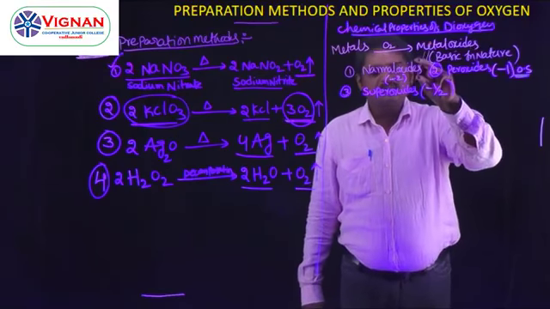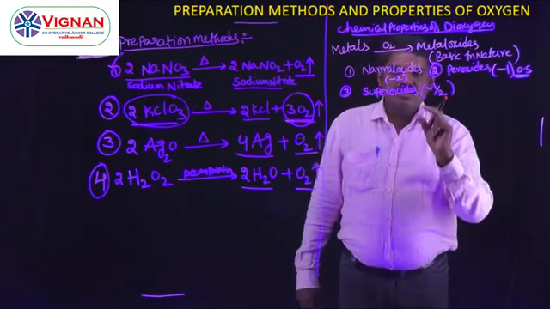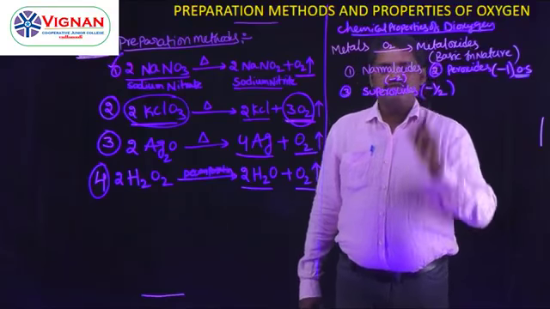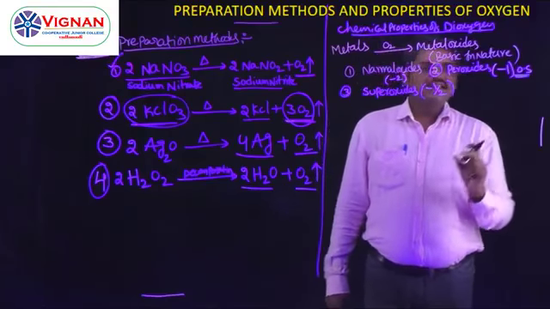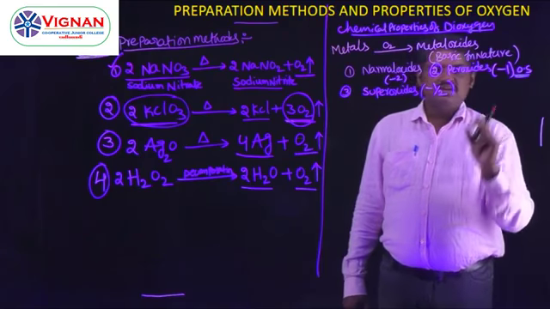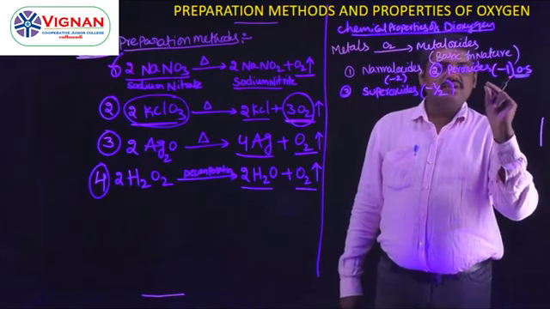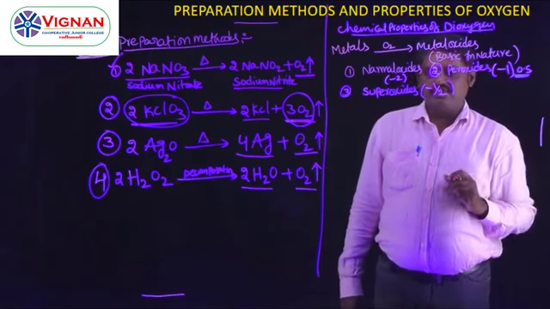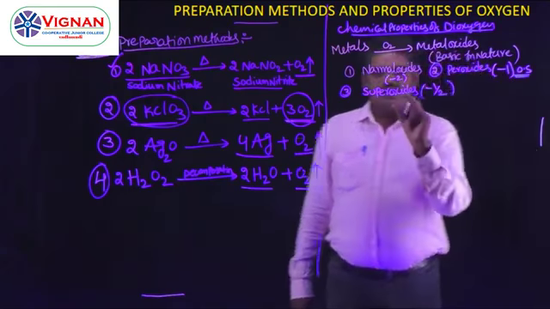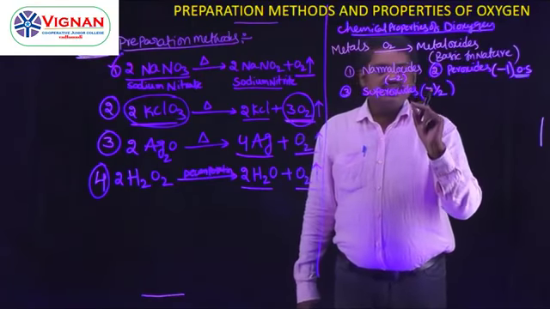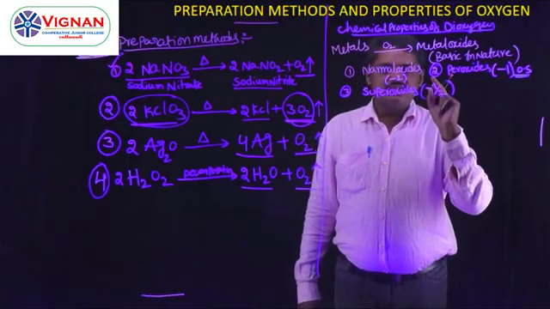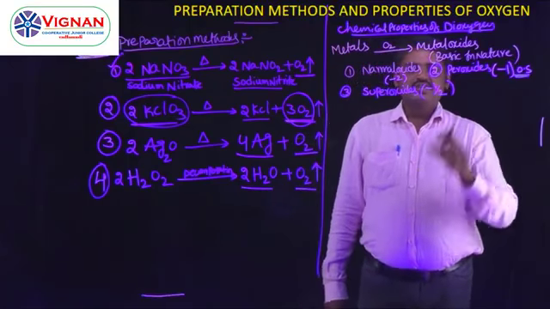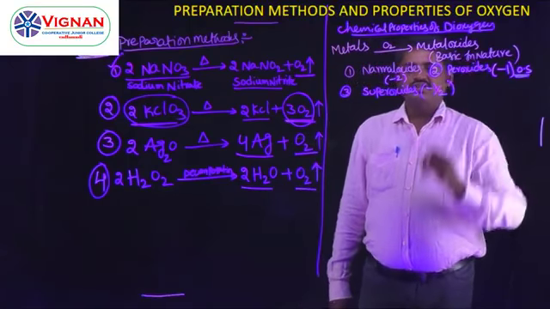In normal oxides, each oxygen exhibits a -2 oxidation state. In peroxides, each oxygen atom's oxidation state is -1. In superoxides, each oxygen atom's oxidation state is -1/2. This is the explanation for metal oxides.